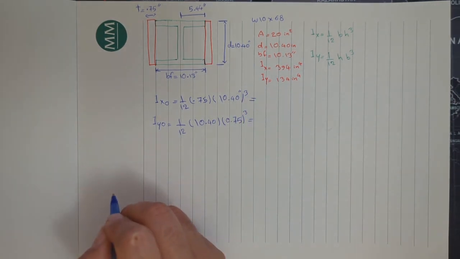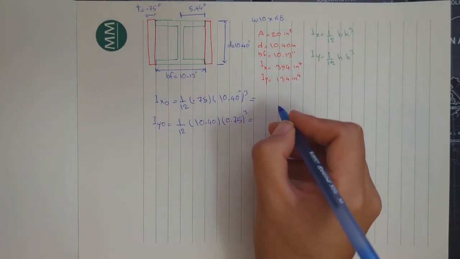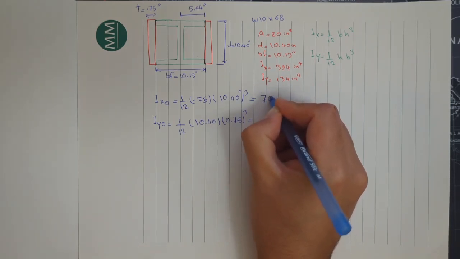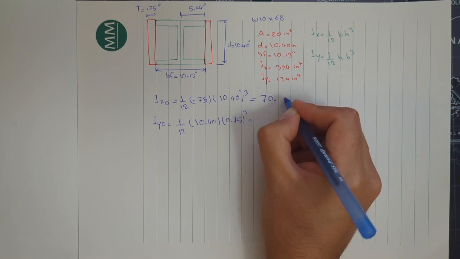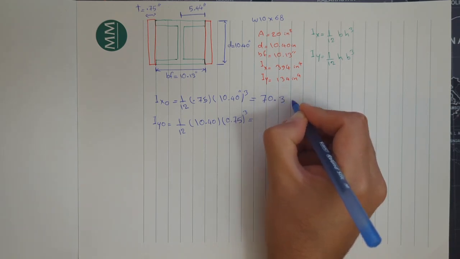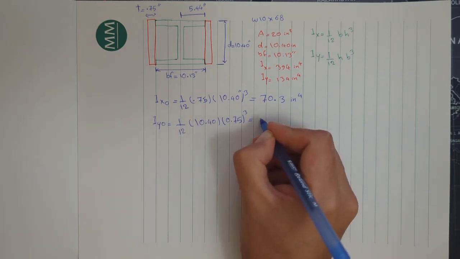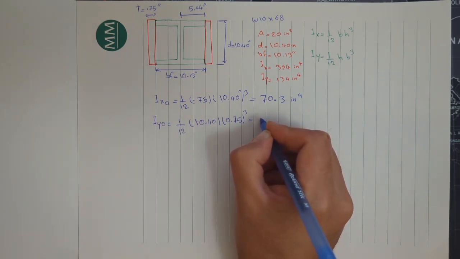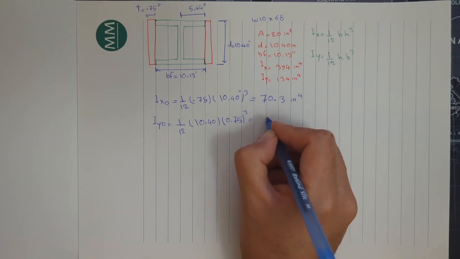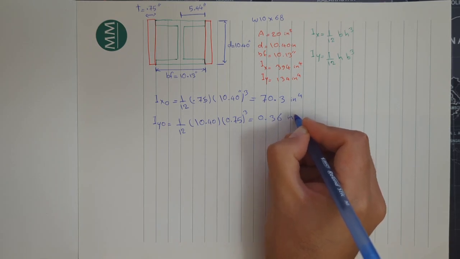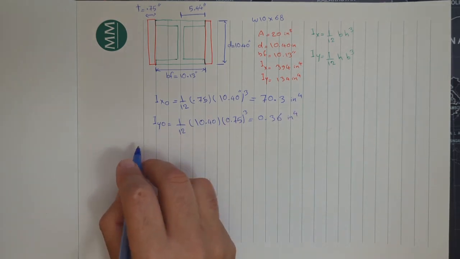If we calculate these two, we see that Ix is 70.3 inches to the power 4, and Iy is 0.36 inches to the power 4.